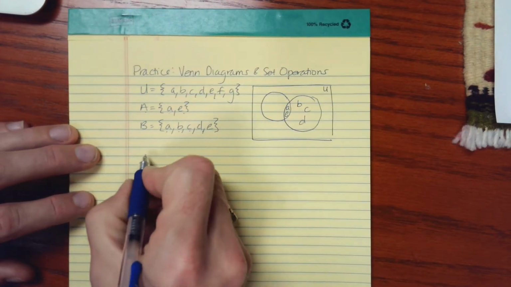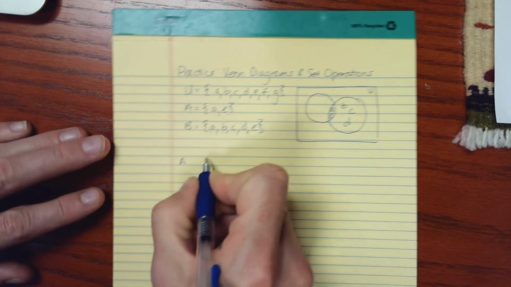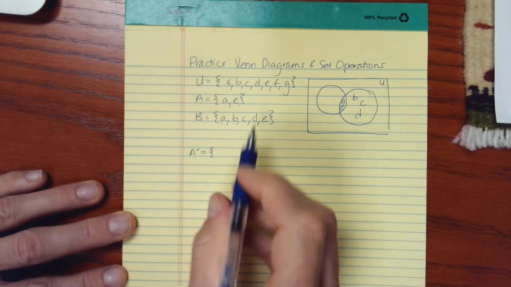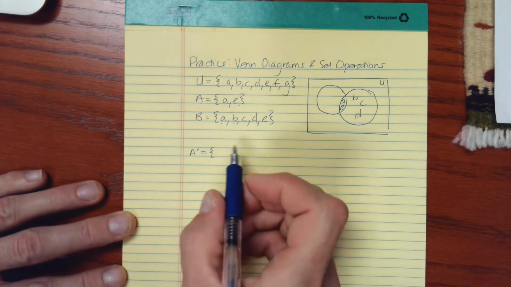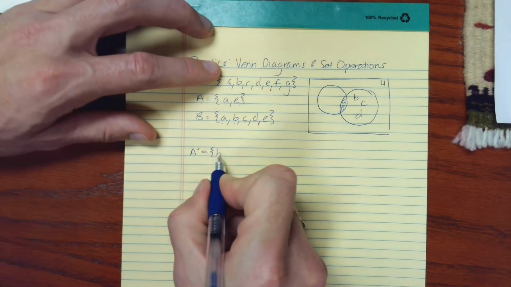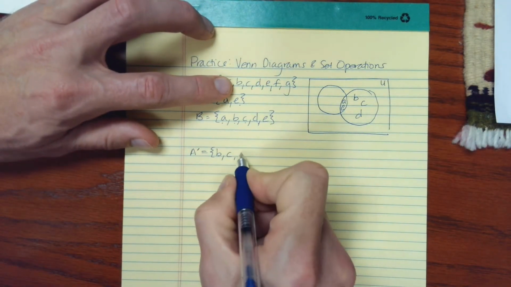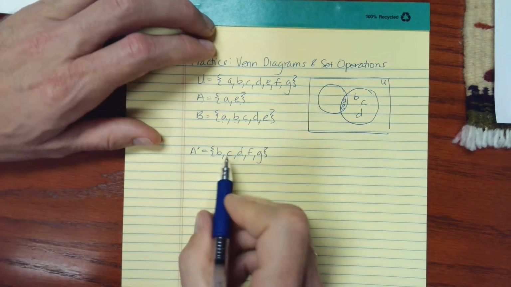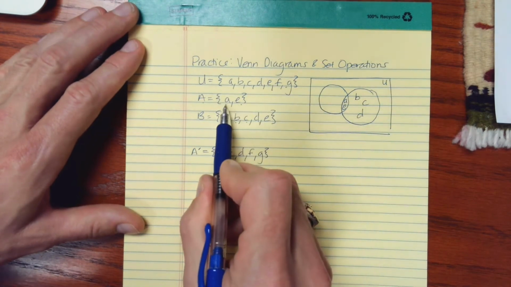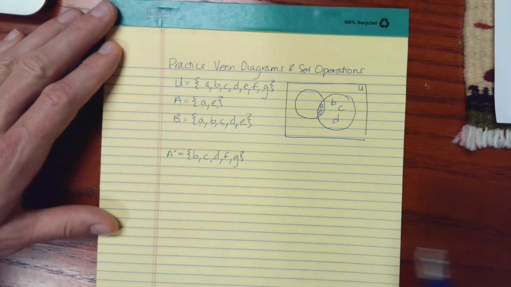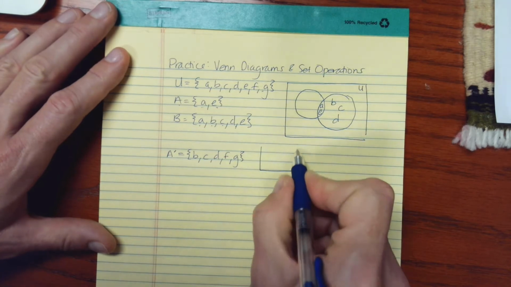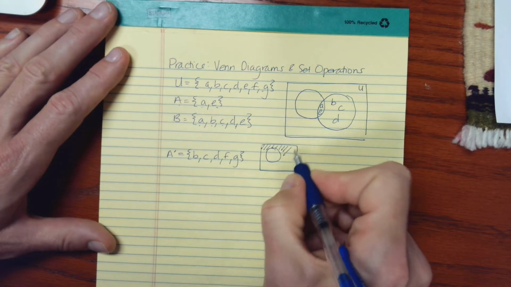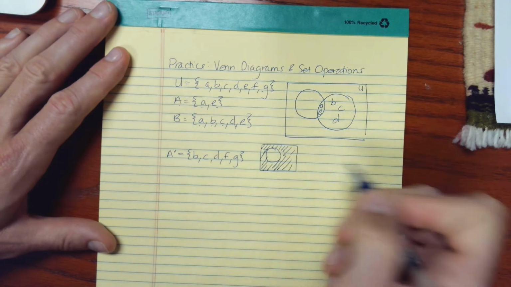All right, so what is the set A's complement? So the elements that are in the universe that are not in A. B would be included, C would be included, D would be included, F and G. So those are the elements that are in the universe, but which are not in A. Now, in my Venn diagram, here's A, and that's everything outside of A in the universe.